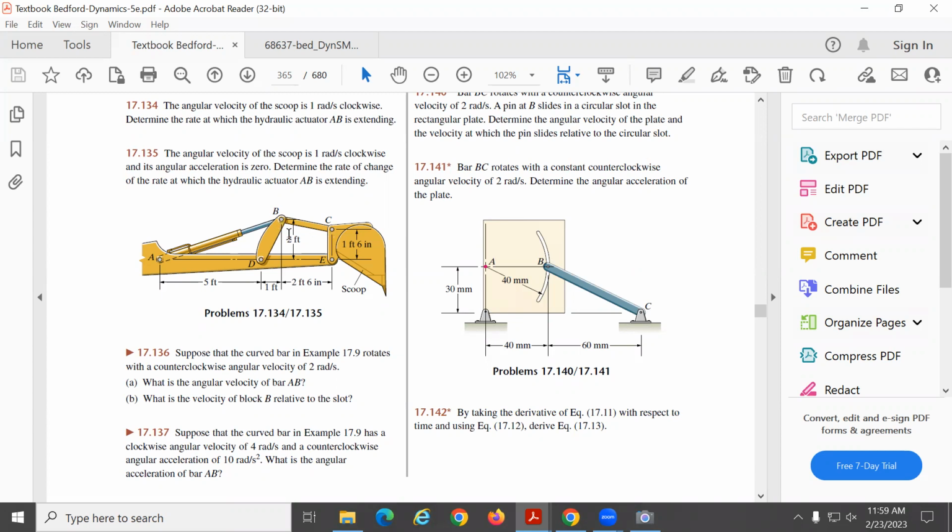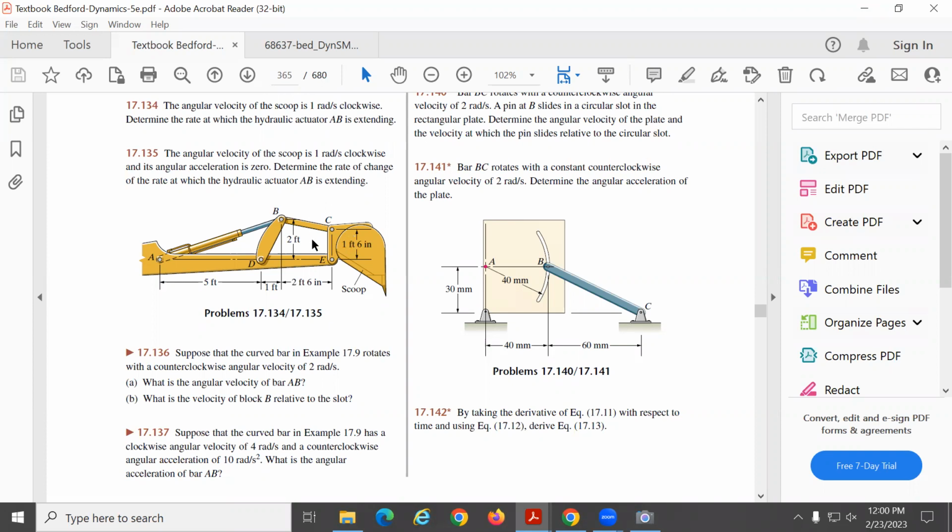Okay, so if we know this one is fixed, what can you do now? Knowing this, you can find the velocity of C. The velocity of C will be VE plus omega EC cross S of C with respect to E. I'll probably do this in inches instead of feet, or 1.5 feet, whatever you want to use.